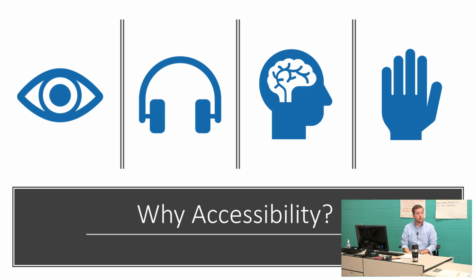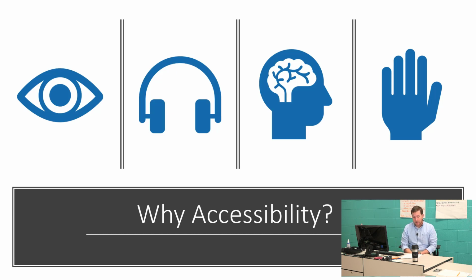They may need to use a screen reader, which, if you're not familiar with screen readers, is software that takes digital text and converts it to synthesized narration. So whatever's on the screen is read aloud to the student that has the vision impairment. And we'll talk more about screen readers as we go along.